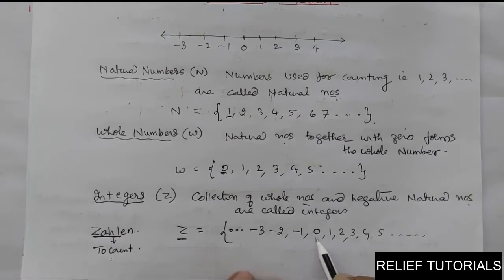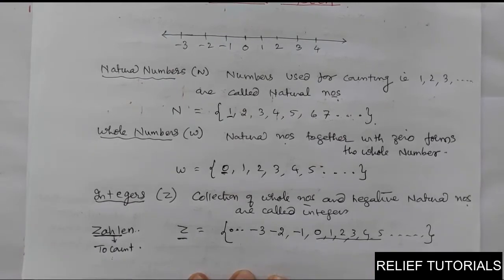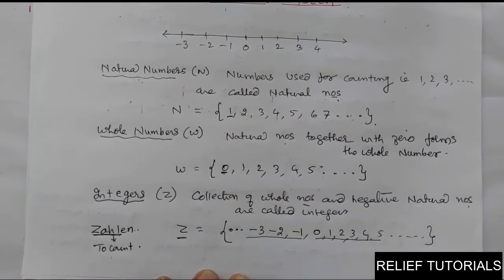So we can say all whole numbers and negative natural numbers are called integers.